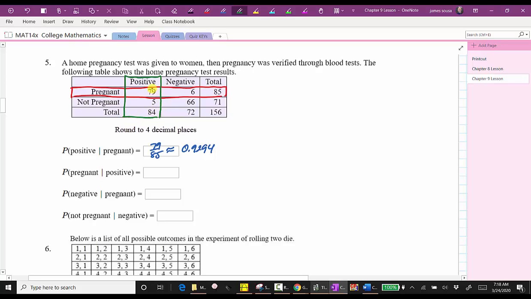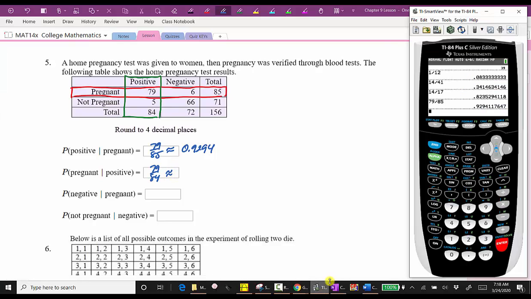Of the 84, 79 are pregnant. And therefore the probability of being pregnant given a positive test result is 79 divided by 84. Converting to a decimal to 4 decimal places, we have 0.9405.